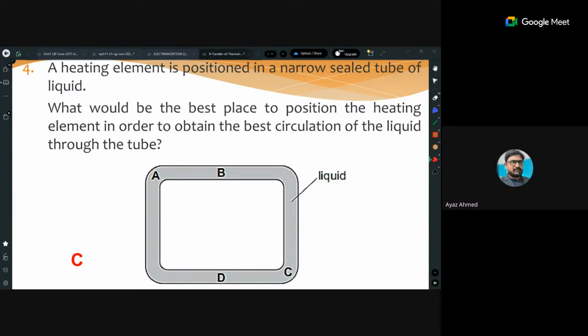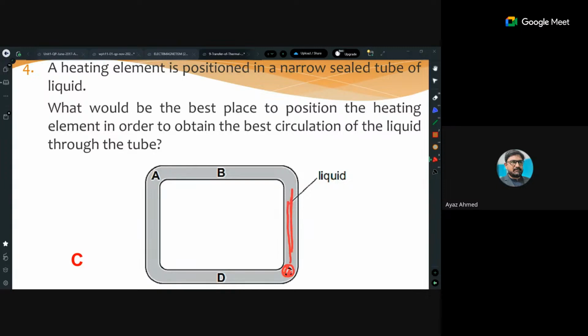What would be the best place to position the heating element in the rod to obtain the best circulation of the liquid through the tube? For example, if you place it at A, there is no space above A, so the hot water will not be able to move. If you place it at D, again the same point is there. At C, when you place the hot source here, the hot water will move up.